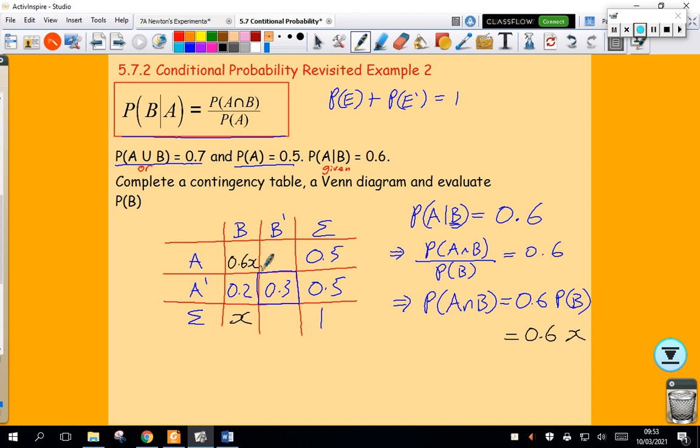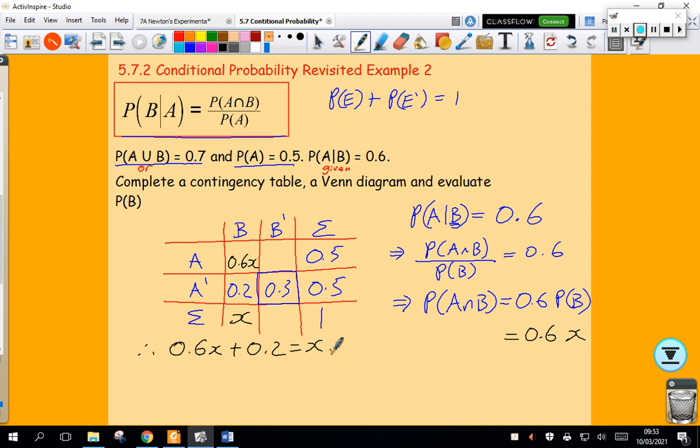We know this is 0.6 times x. And we know that if we add 0.6x to 0.2, we have to get x. So 0.6x plus 0.2 must give me x. So I'm going to solve here for x.